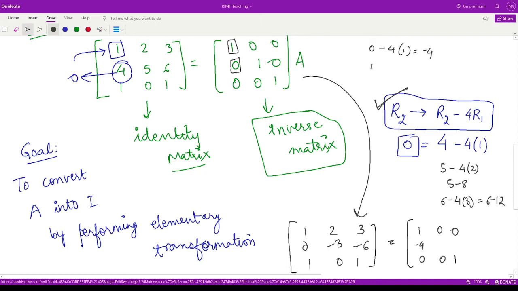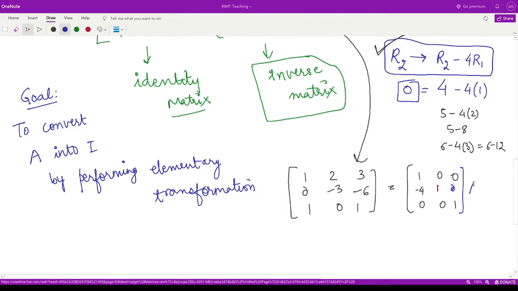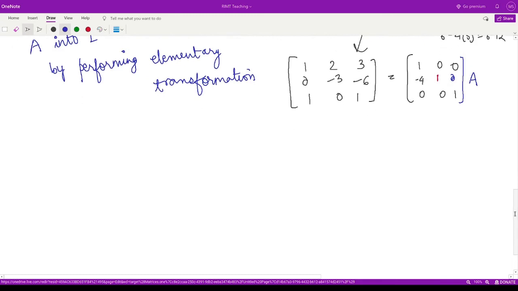Next element is 1, right? So 1 minus 4 times 0. So we have 1 here. So this element is 1. And similarly, for the last element, it would just be 0. So this is 0, right? Into A. So this is after applying one operation.